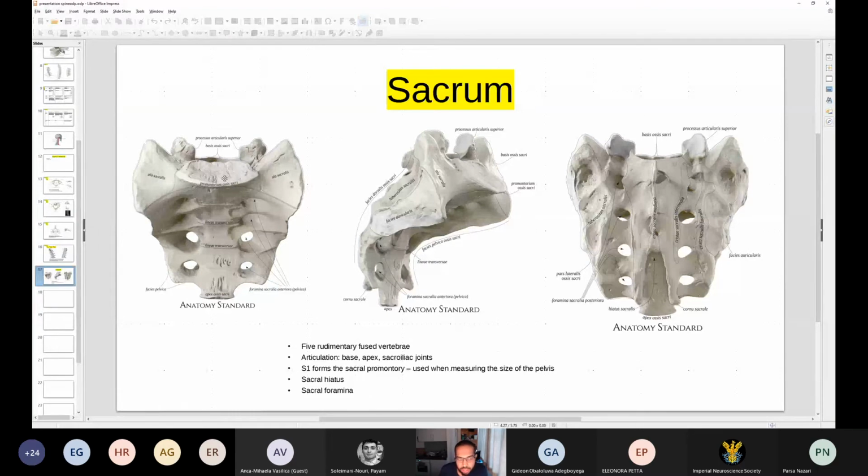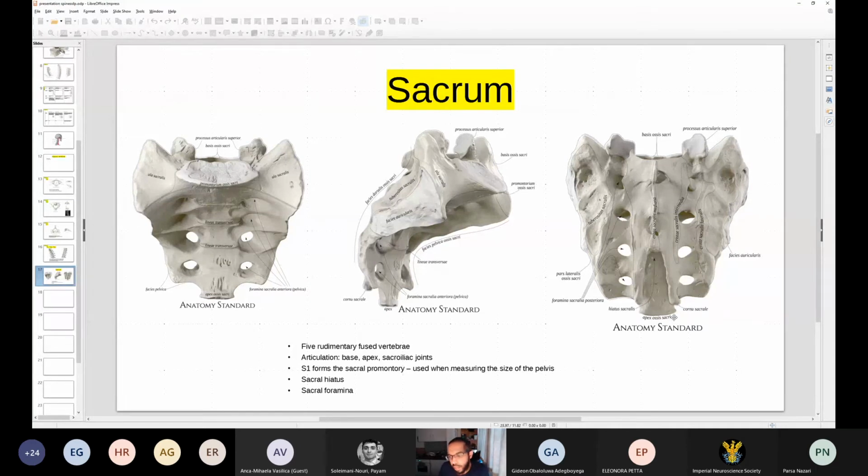S1, the first vertebra in the sacrum, contributes to the formation of the promontory, which is important when measuring the size or the inlet of the pelvis.